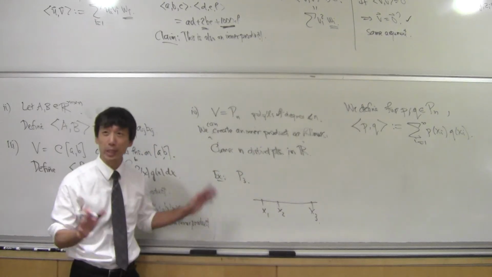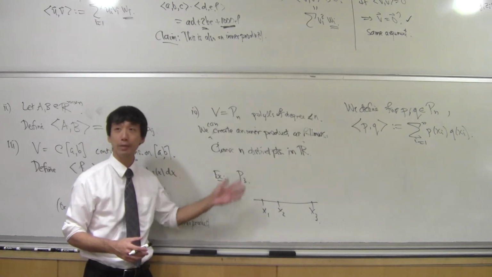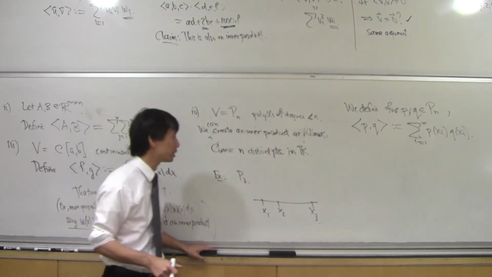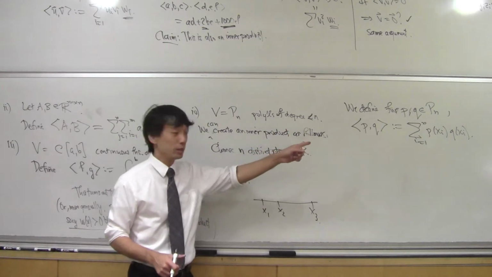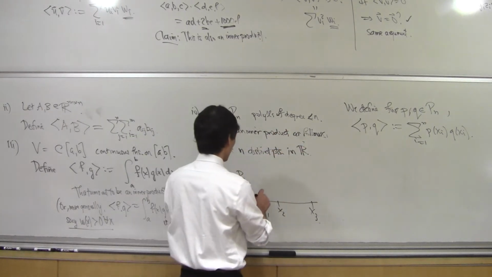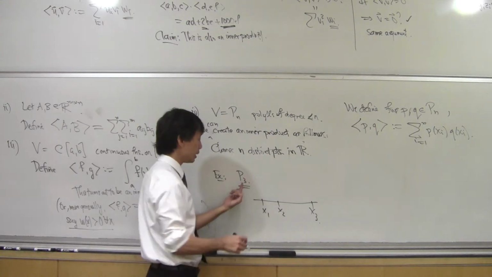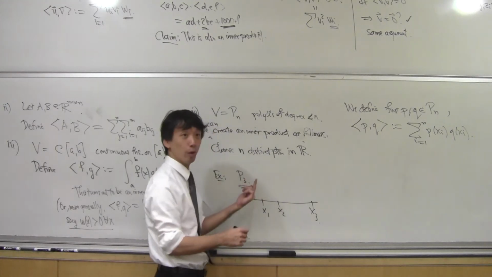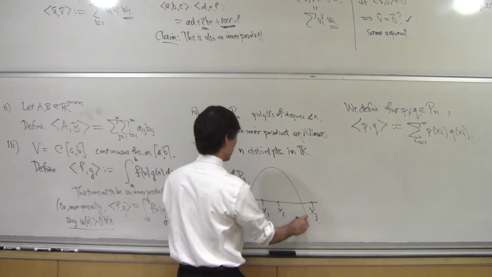They can be whatever 3 points you feel like. 0, 1, and 5, say. So notice that these polynomials are either lines or parabolas, so I'm going to just draw them as parabolas.